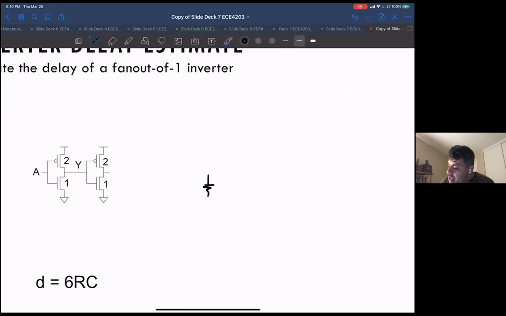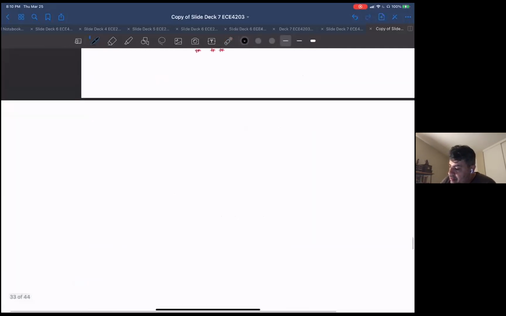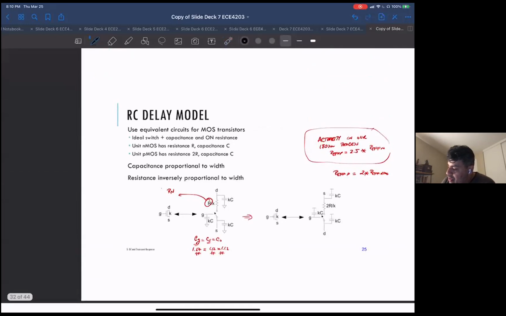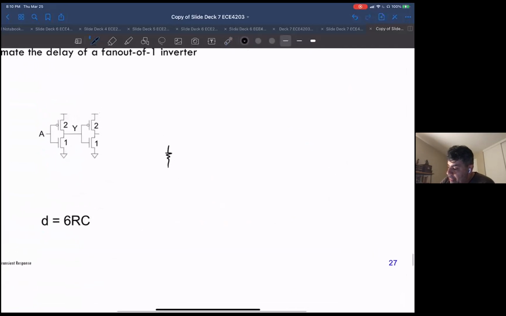So this is going to be R. This is the NMOS, so I'm just going to call it R. So it's this R here. We had our switch.